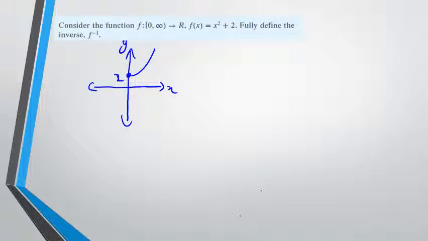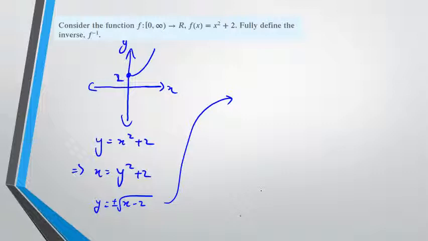We will swap our x's and y's. y equals x squared plus 2, swap them. x equals y squared plus 2. Move the 2 over. So that's x minus 2. You then have to square root it. Now, this time, see how that's a positive section? That means this will be the positive part. So then we have y equals square root of x minus 2.